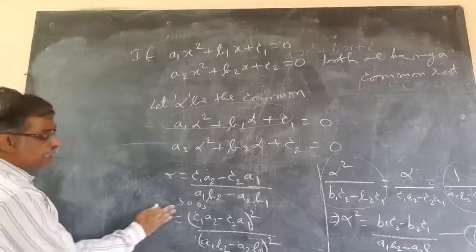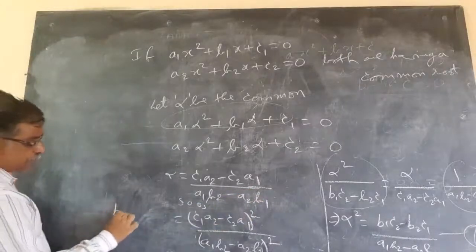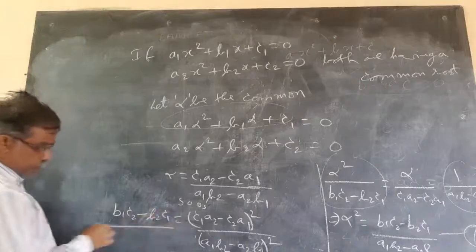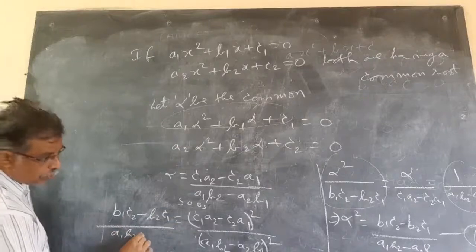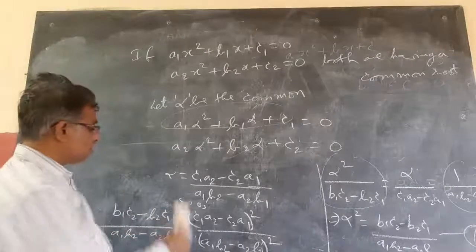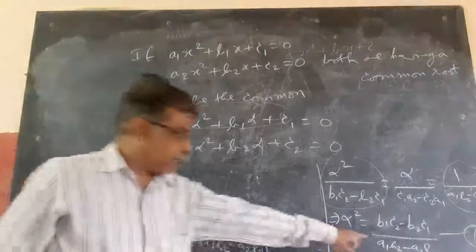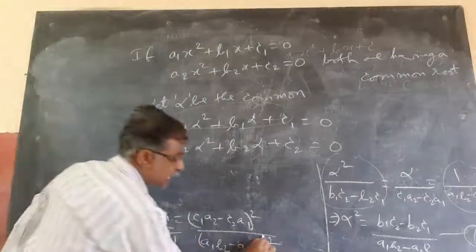So in place of alpha square, I wrote that value. Now this is whole square and I can cancel both.